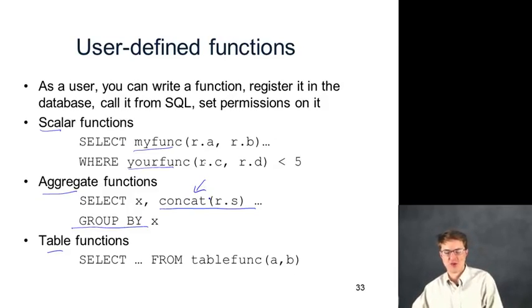So if you have a table of identifiers and words, and you want to concatenate all the words together to make one long string, that's not always something available built in, but it's a very natural thing to want to do, right? So I've got a set of small strings, and I want to create one long string. Well, concatenation is something that's very easy to do in most programming languages, and that's how you would express it in SQL. You would do a group by, right?